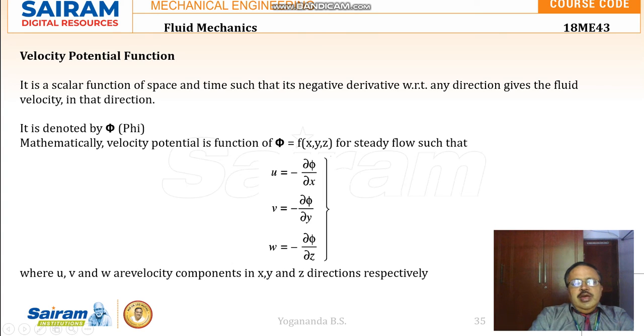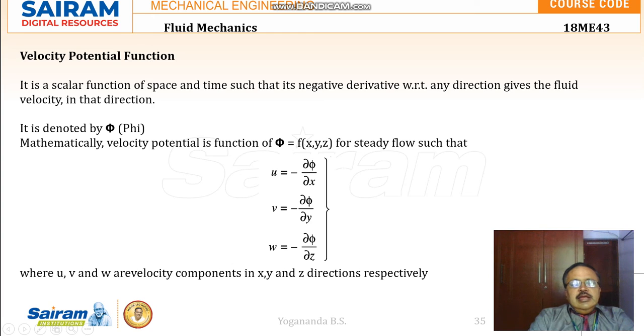So u is minus del phi by del x, v is minus del phi by del y, and w is equal to minus del phi by del z. Here u, v and w are the velocity components in x, y and z directions respectively.